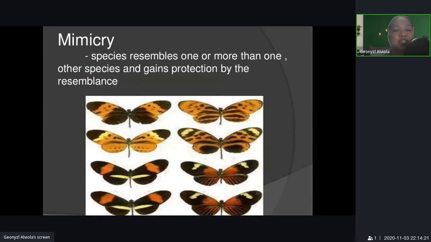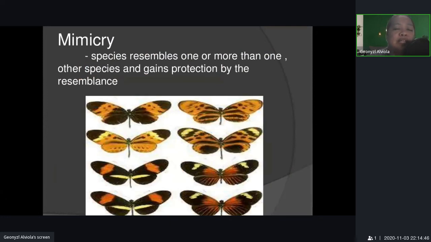Mimicry is when a species resembles one or more other species and gains protection by resemblance. One good example is these butterflies, which have different patterns. They resemble a butterfly that has an awful taste to some predators.